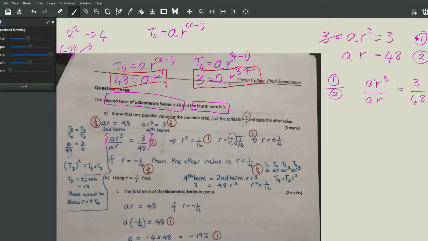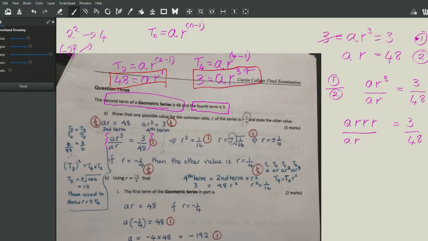We might write this out again: this is a times r times r times r. A times r to the power of 3 is just a times 3 r's. And then we've got a r on the bottom and 48 over here.